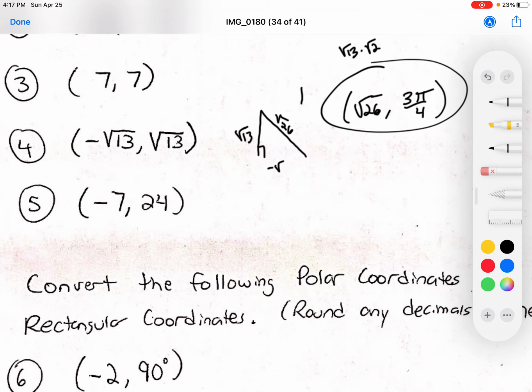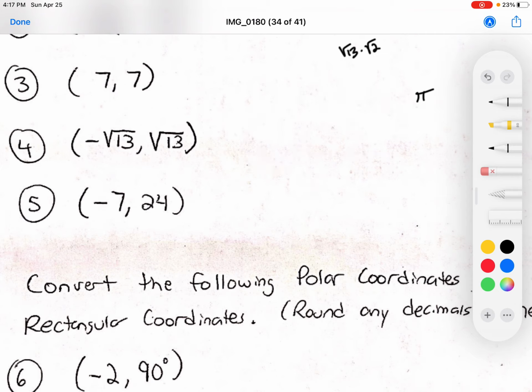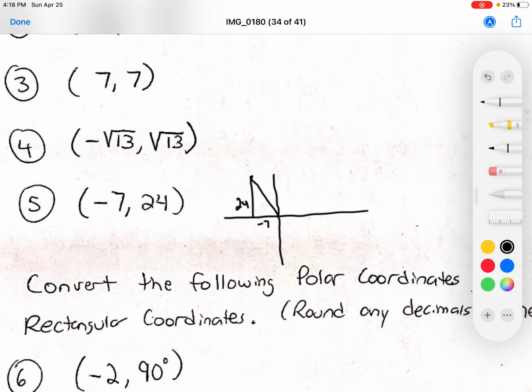Okay. So now let's do number 5. So this one is not on the unit circle. So we need to plot it. It's negative 7, positive 24. So we are going to be in the second quadrant. Well, if you'll notice, this is a right triangle triple.